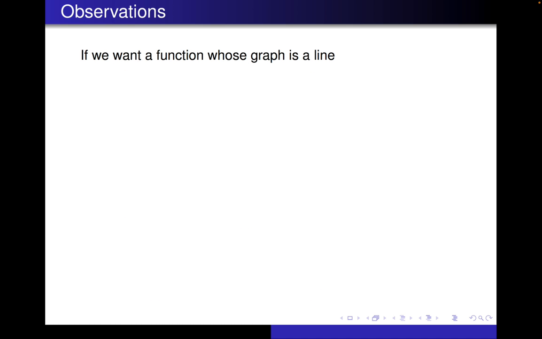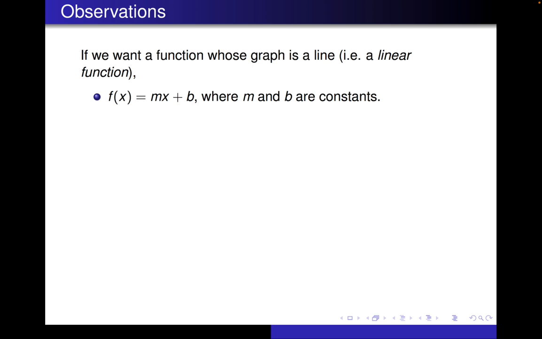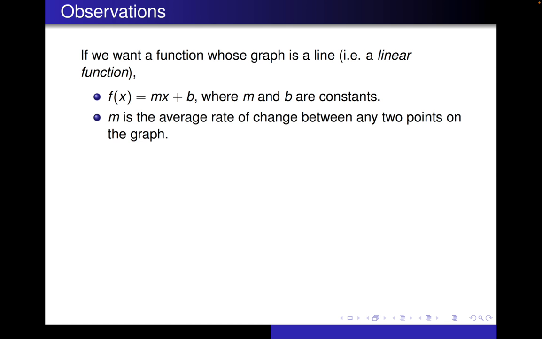So given that, it seems that we can generalize those to all functions that behave this way. If we want a function whose graph is a line, and this is what we're going to call a linear function, we seem to know a lot of things about it. First of all, we know what the formula is going to look like. It's going to look like f of x equals mx plus b, where m is a constant and b is also a constant.